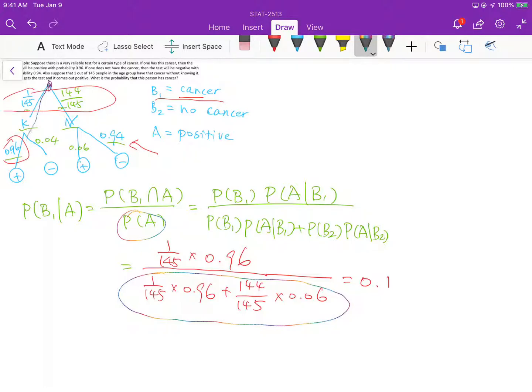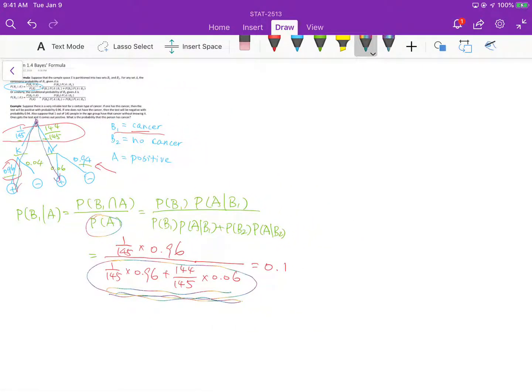From here, along this path to positive, or along this path to positive. So in this expression, we just multiply the numbers along the path and add the two paths together. So in this example, we demonstrated how to apply Bayes' formula to calculate a conditional probability.